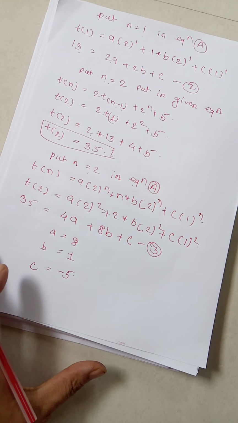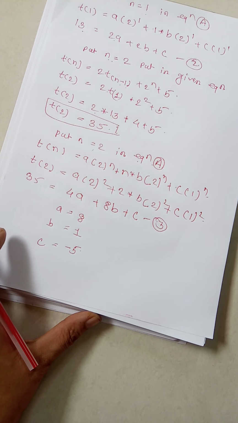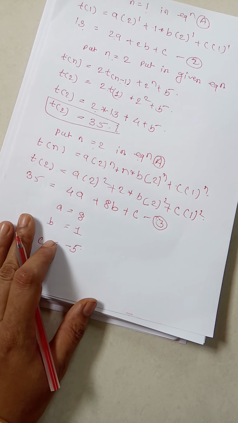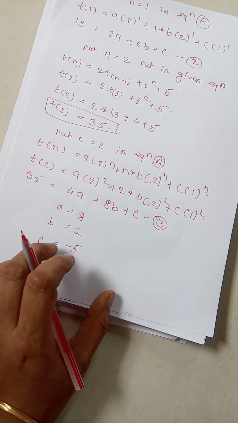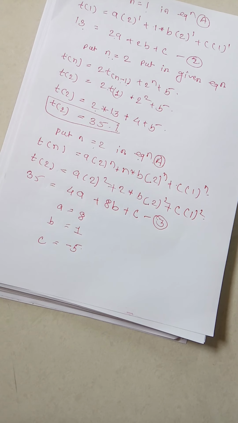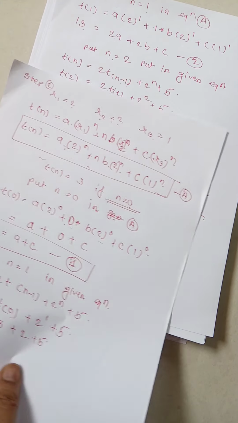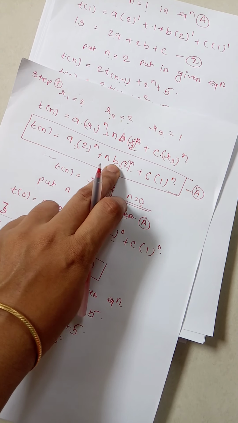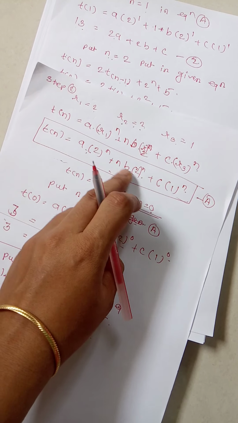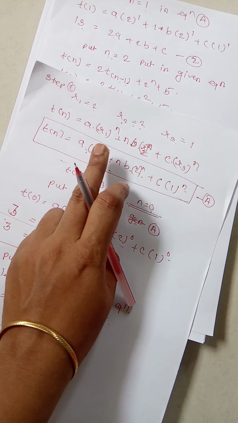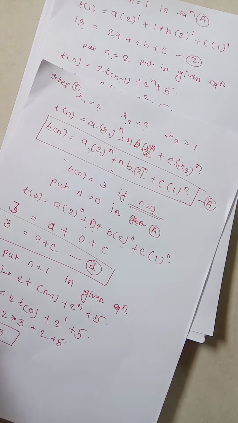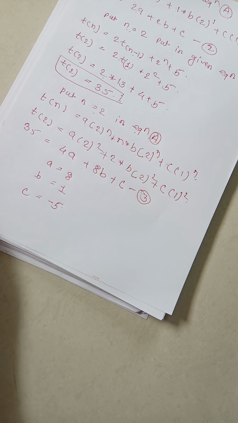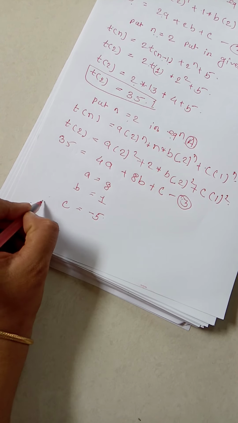Fine. So what is my last step to solve this equation? I have to put the values of a, b and c in equation A. So what is my equation A? This is my equation A. I will put the values of a, b and c here. I will not put the value of n here. So what is my generalized equation?